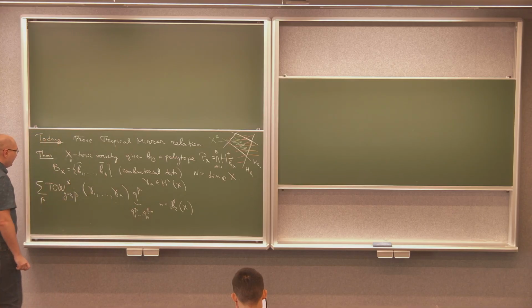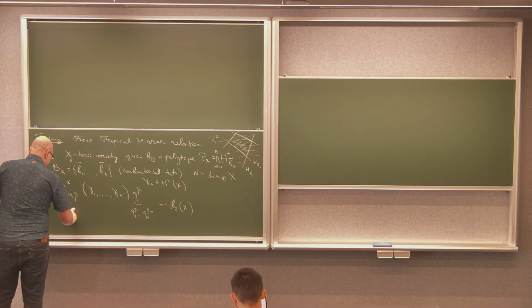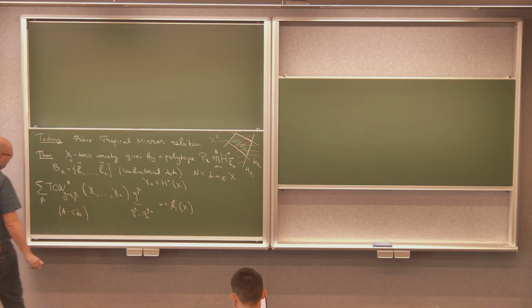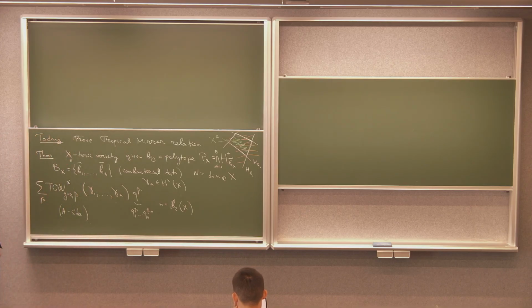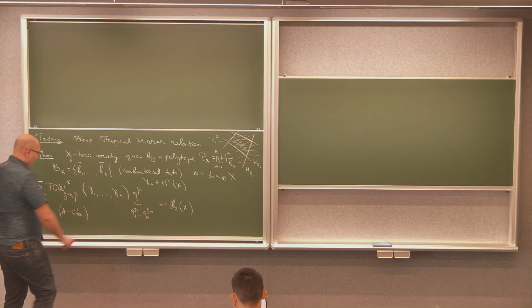So that is our A side. The A side is some well-defined enumerative invariant in the form of tropical Gromov-Witten invariants.